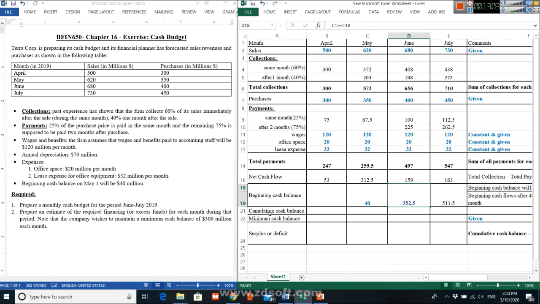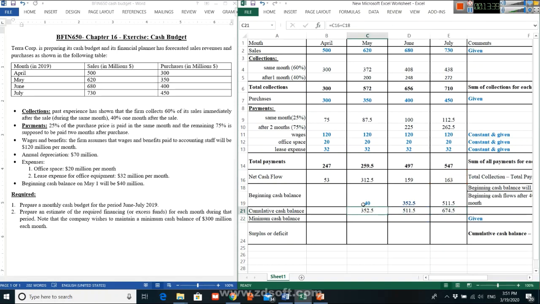Now regarding the cumulative cash balance, all we have to do is the summation of this one plus this one, equal to this one plus this one, and finally the amount plus the net cash flow.